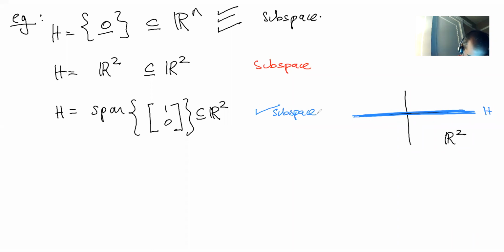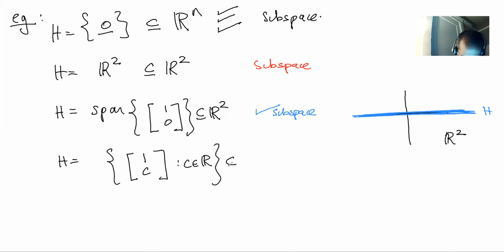Let's look at another set. Let's look at the set of all vectors that look like this. That's a subset of R2. Every element of that set is indeed a vector in R2. Is that a subspace?